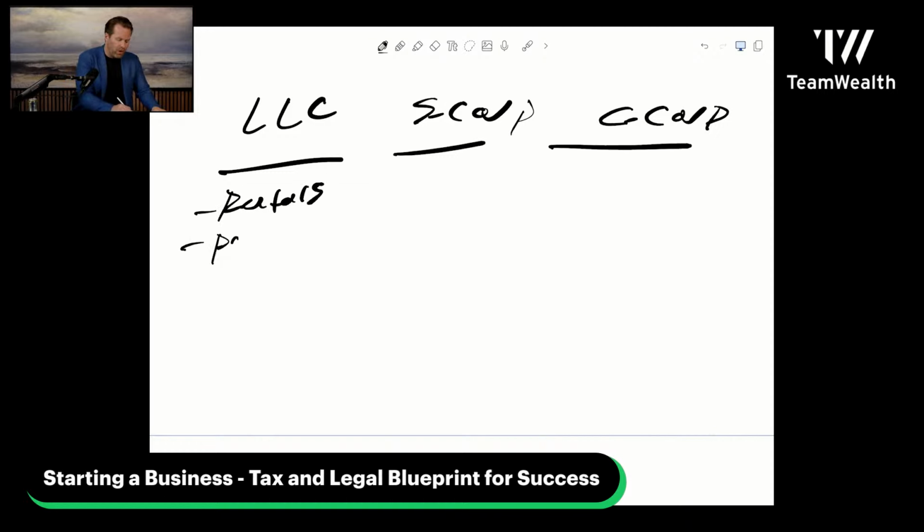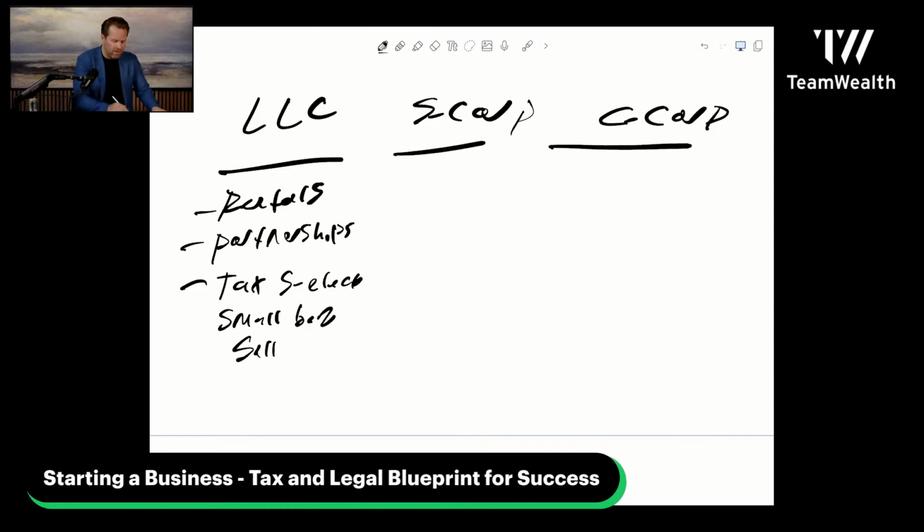I'm going to use for partnerships. I could add a tax S election to it for a small biz selling goods and services. Okay, that's when I'm using LLCs over here.